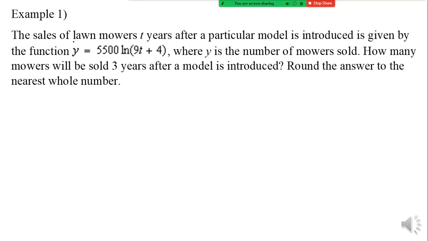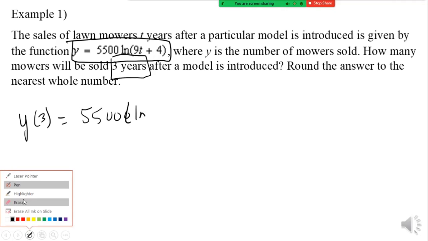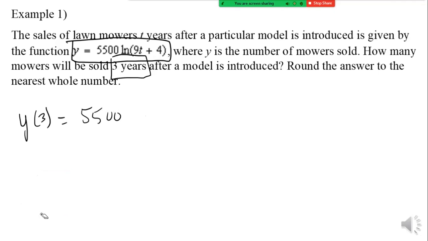So it gave you the function. It gave you the value of what you're plugging in. So all you're doing is finding y of 3 years, right? So after 3 years, you have natural log of 9 times 3 plus 4.